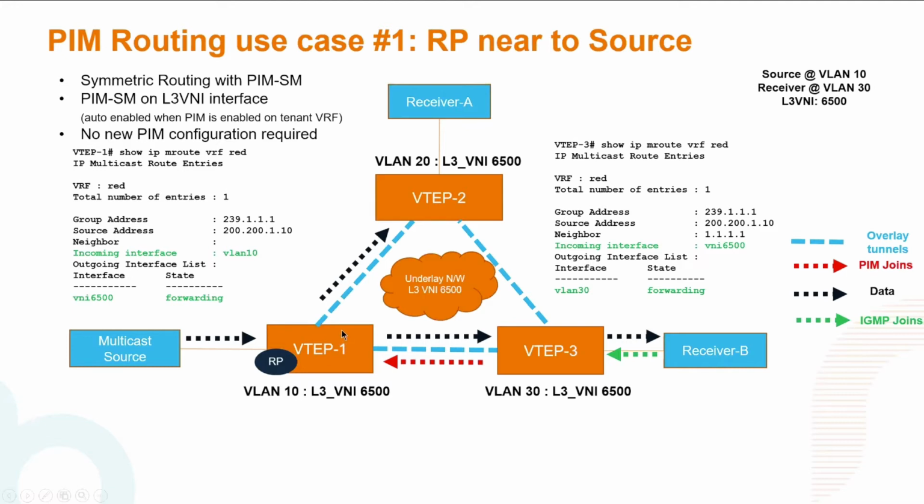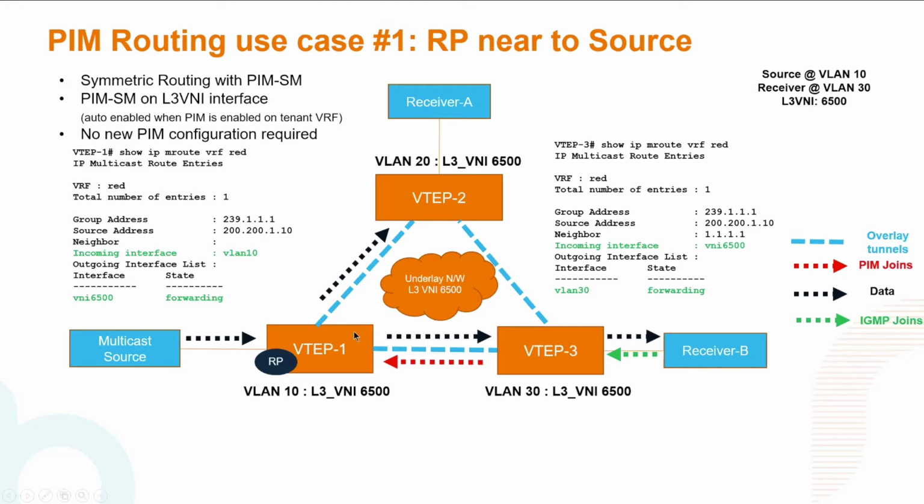The difference between snooping and routing is that on an L2 VNI, as in the previous slides, it will only forward to that particular VTEP neighbor. In the routing case with the L3 VNI, we will send the traffic to both the tunnel interfaces. This is currently what we support, and there are plans to optimize this in a future release.